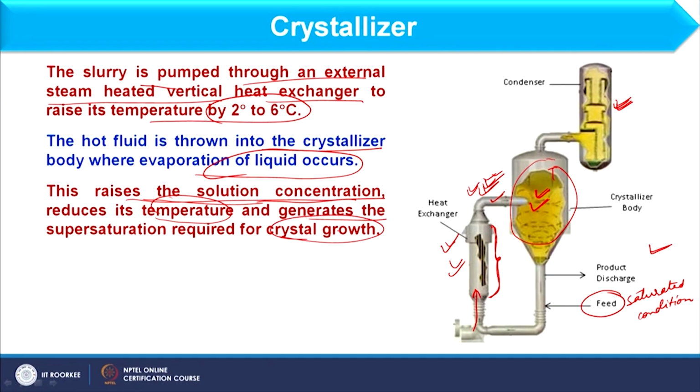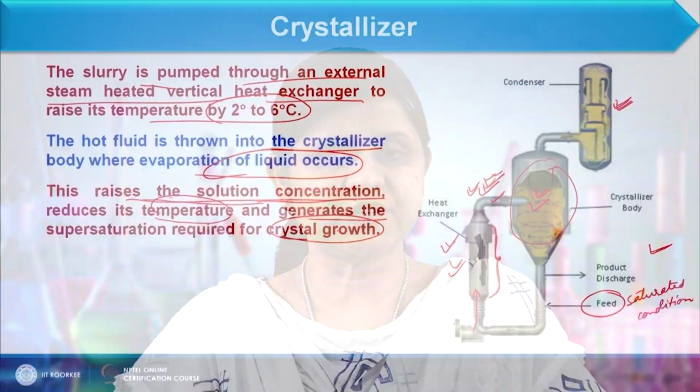So, when I am having the heat exchanger, the temperature of the feed is increased and so it acquires a saturated condition, and then it enters into the vessel where temperature is less.